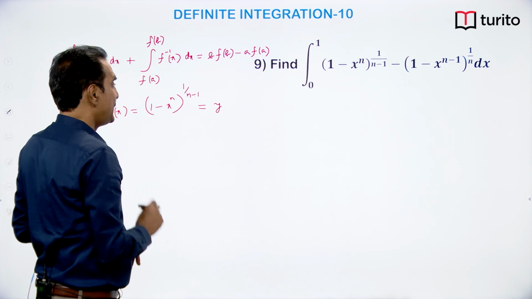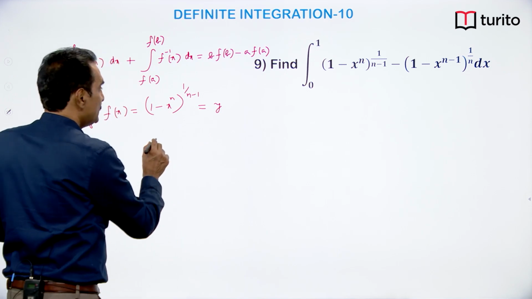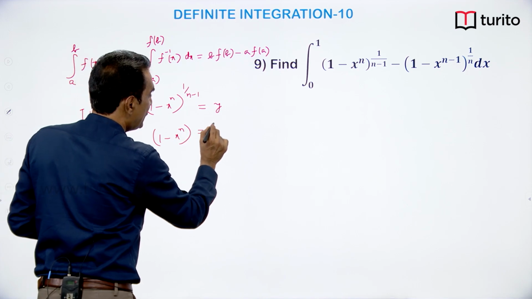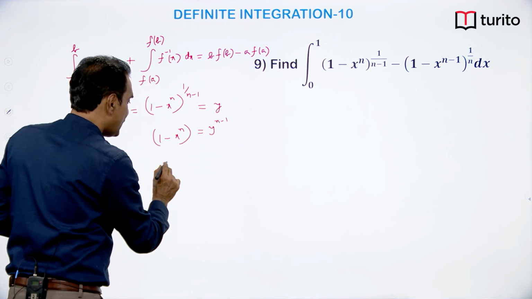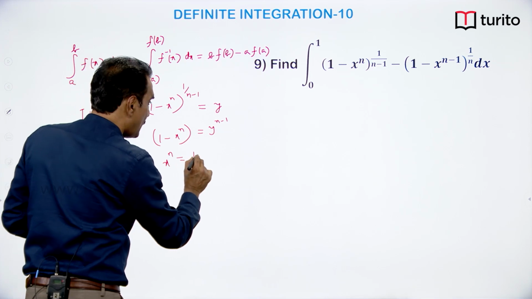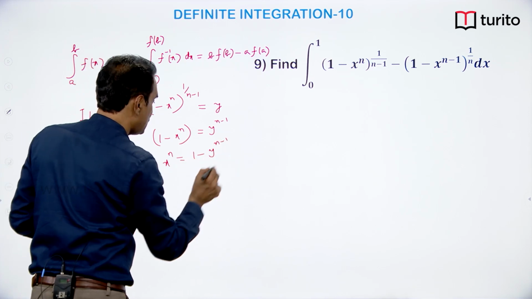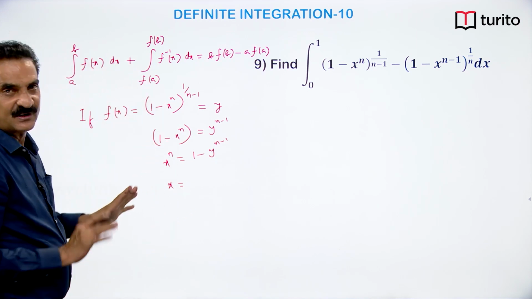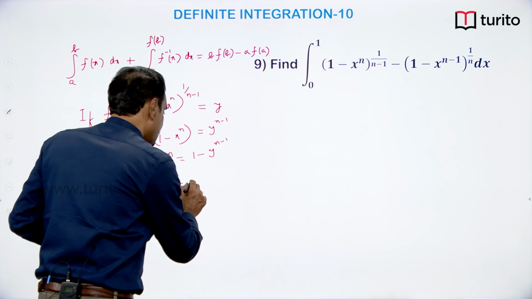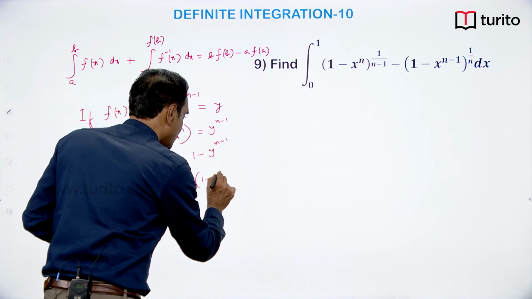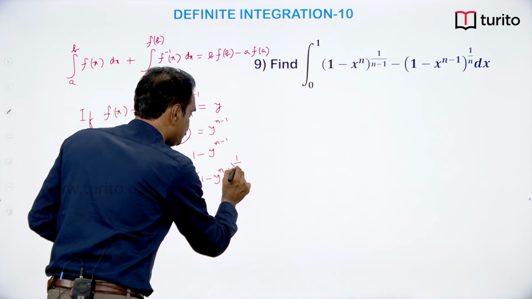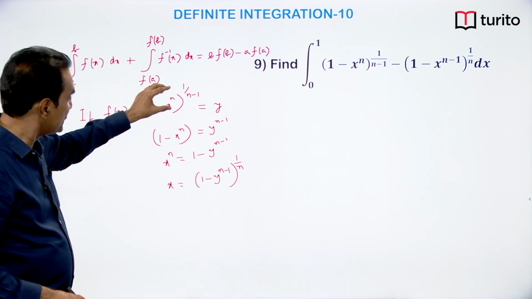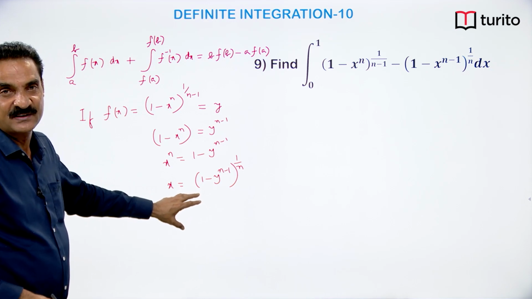So, if you take this as y, then 1 minus x power n is equal to y power n minus 1, x power n is equal to 1 minus y power n minus 1, x is equal to, the same given function f of x can be expressed like this, the relation between x and y.